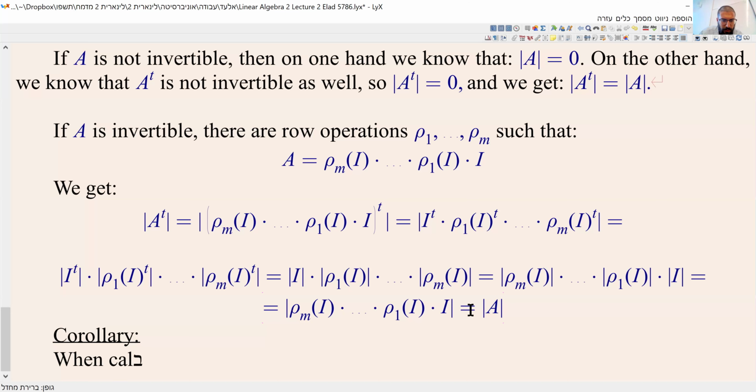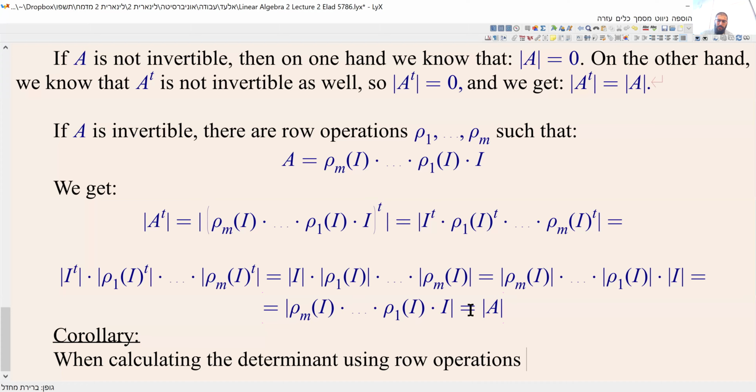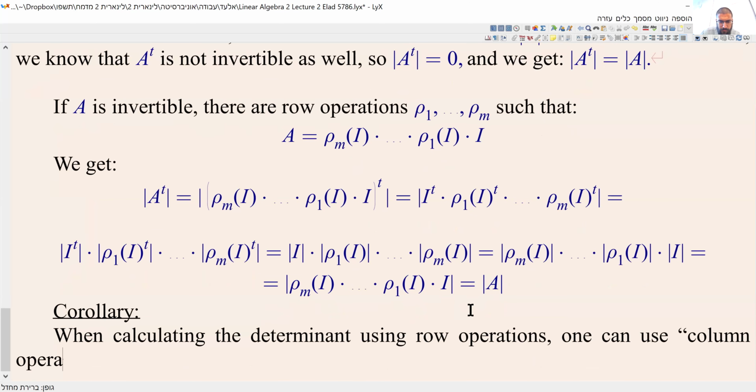When calculating the determinant using row operations, as we did last week, in order to get a triangular matrix and such, one can actually use column operations as well. The determinant of A and A transpose is the same.